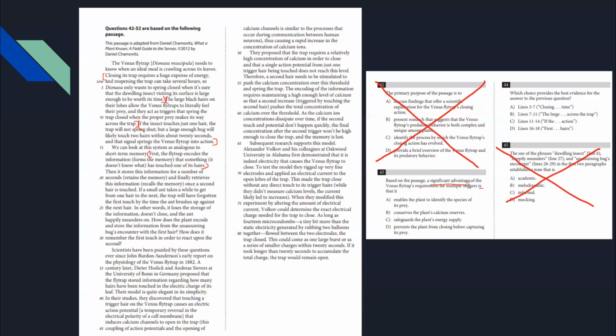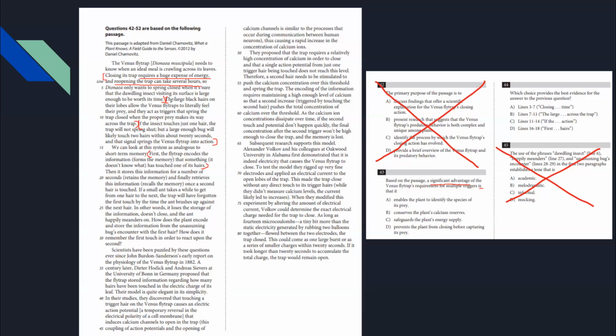So it's asking for why it has that requirement and what's the advantage of it. So the problem is that the reopening of the trap takes a long time and it requires a huge amount of energy. So it basically is like a trigger sensor of sorts. So this may be a choice.